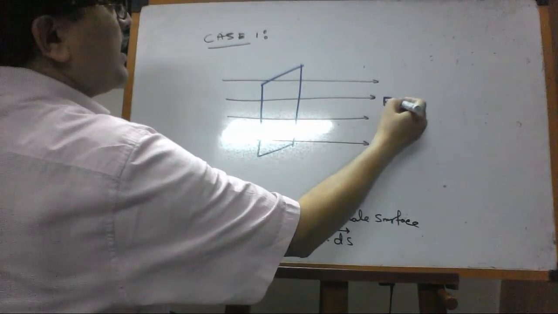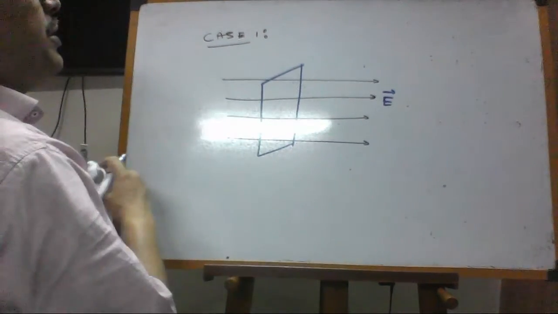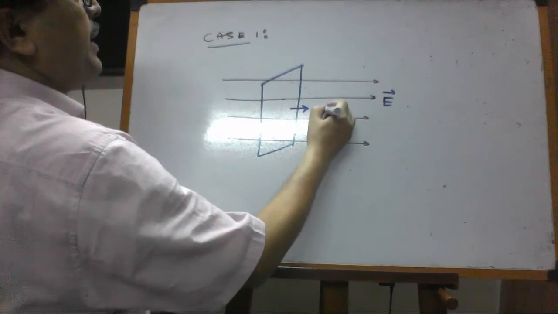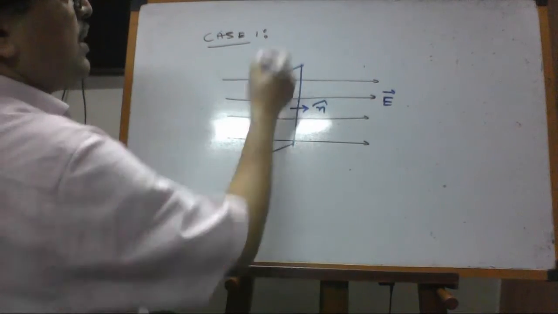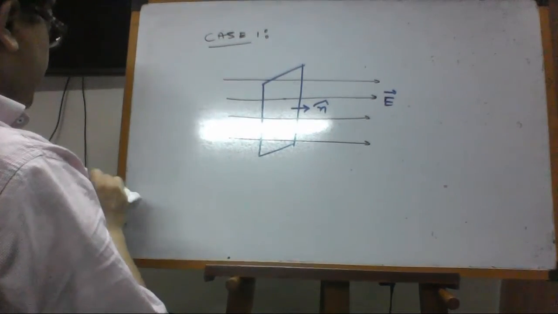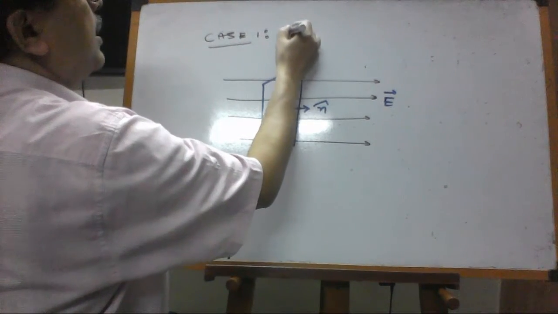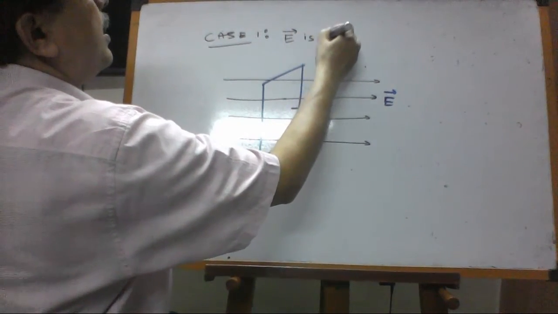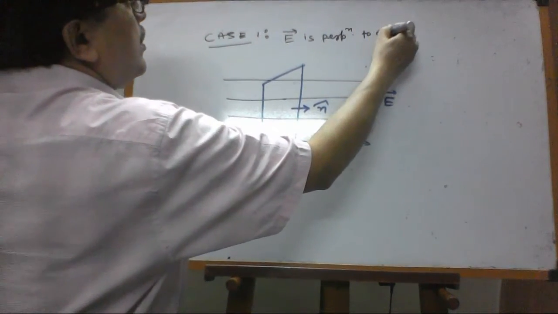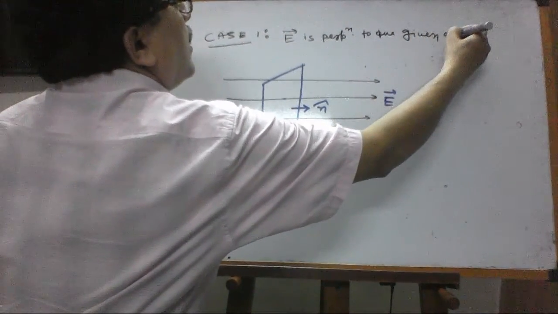Electric field vector is directed this way. So case 1 is going to be the case where unit normal n cap also has the same direction. Case 1 is when E is perpendicular to the given area.